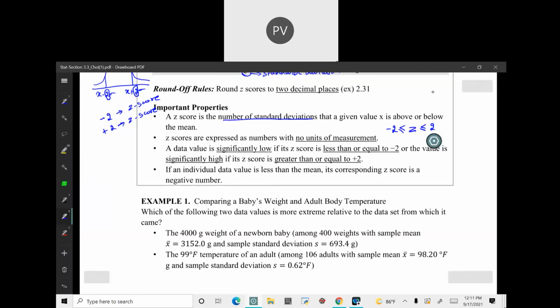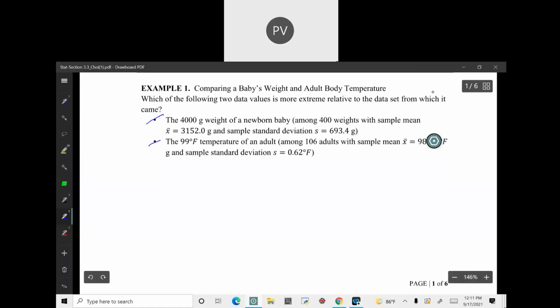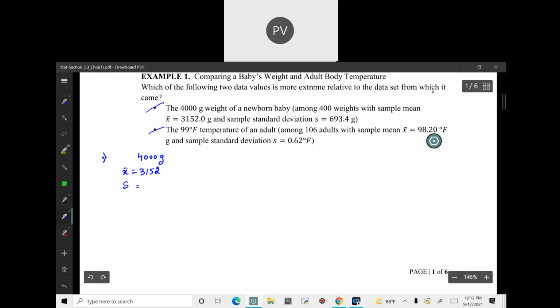Okay. Now, let us calculate the z-score of this example 1. So we have two sub-questions. In first sub-question, they are giving the weight of a newborn baby which is 4,000 grams, and mean is nothing but 3152 grams, and standard deviation, which is denoted by S, is 693.4.